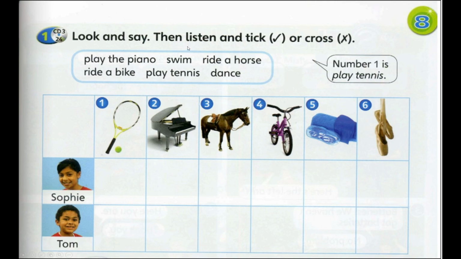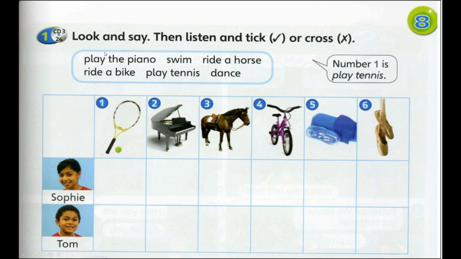After this, you are going to listen to the audio and then see which box you are going to put the tick, which box you are going to put the cross. We are going to use the Canva application to do this. Before we go to that part, let's talk about this activity first.